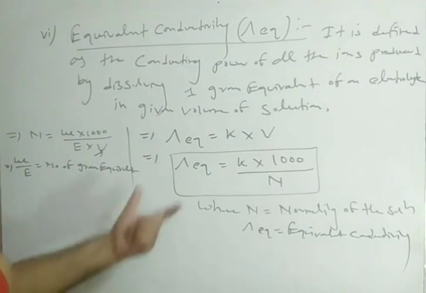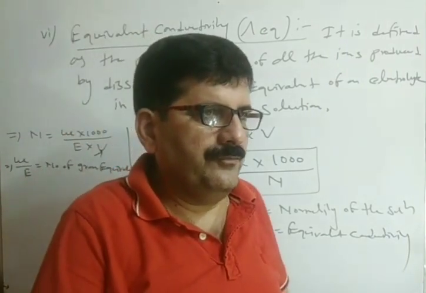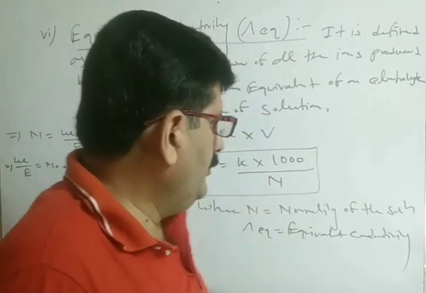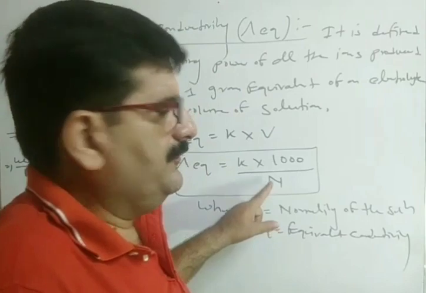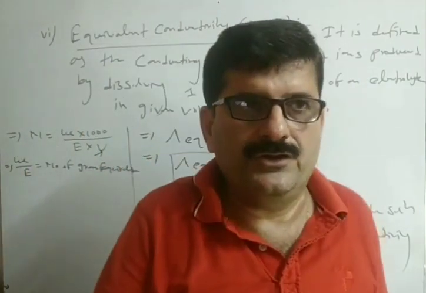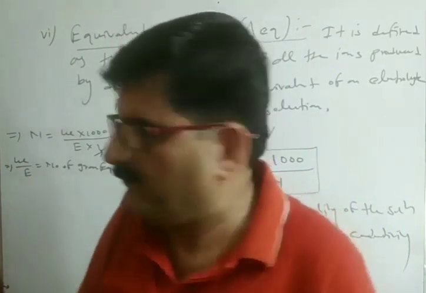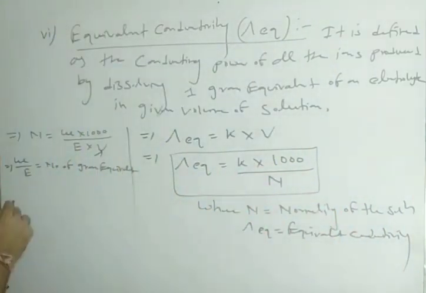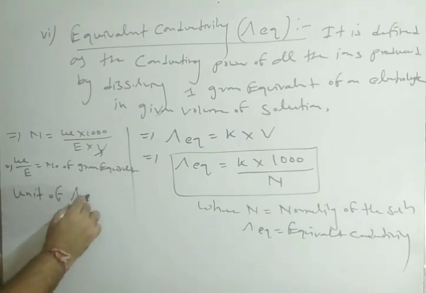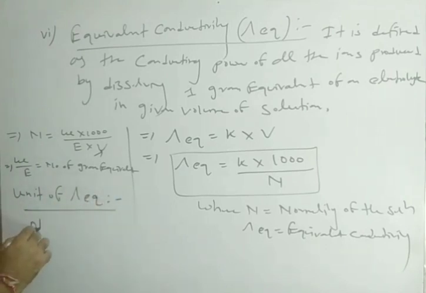Like molar conductivity after dilution. Dilution means when solution becomes more diluted, it means strength decreases. As strength decreases, it means equivalent conductivity, or you can say equivalent conductance, also increases. Unit of equivalent conductance, you can write what?